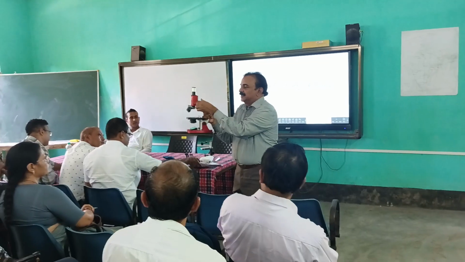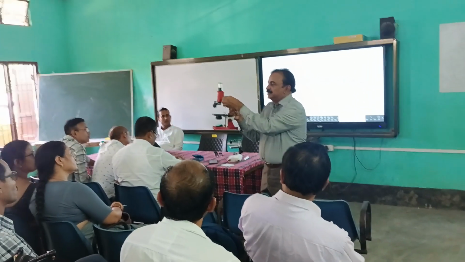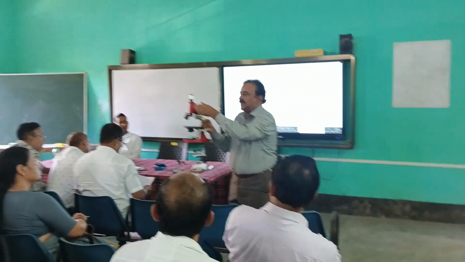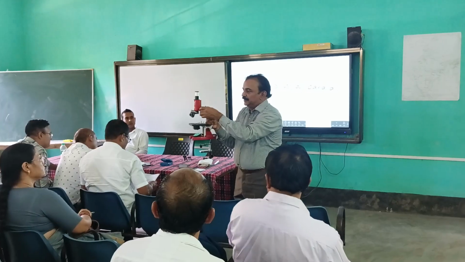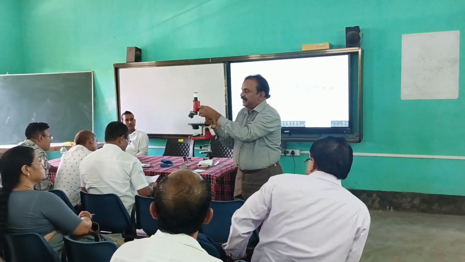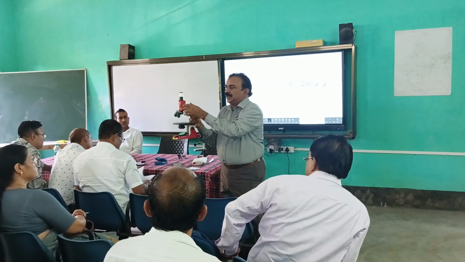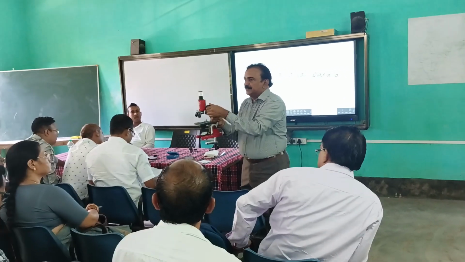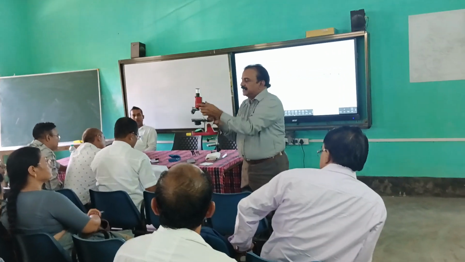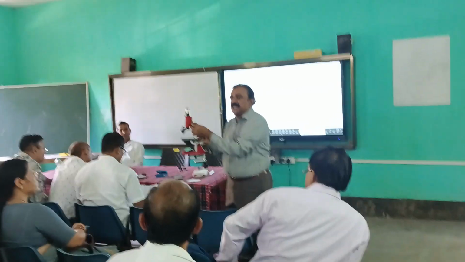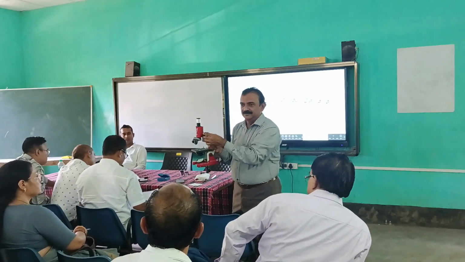All of you look at this compound microscope. I am moving the body tube up, and also making the body tube move downwards. The tube can be moved up and down by using this knob, and this knob is called the coarse adjustment.